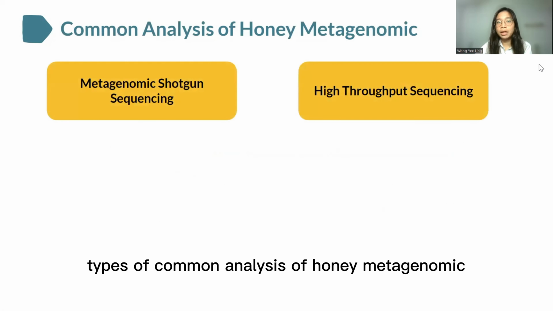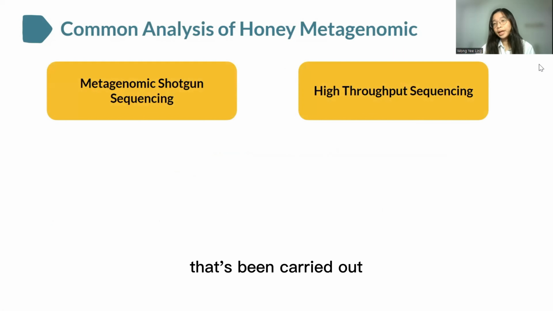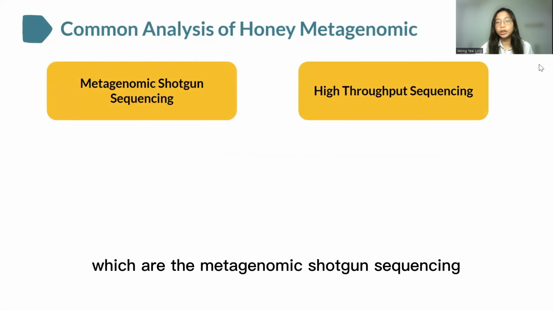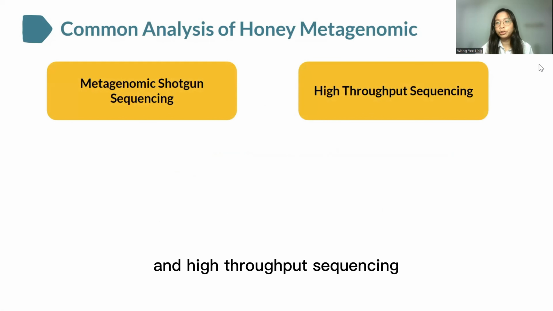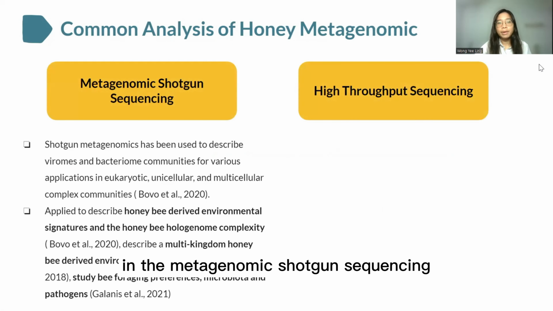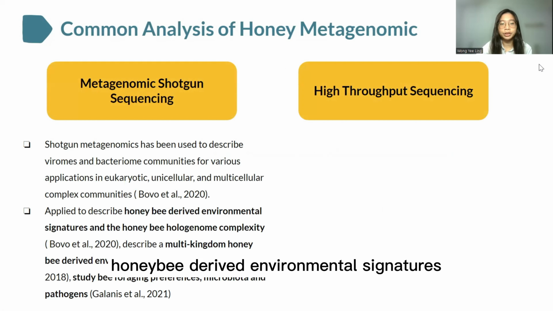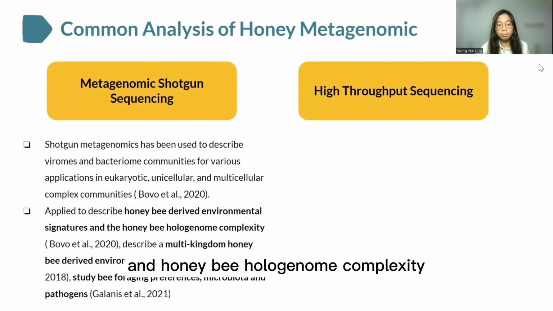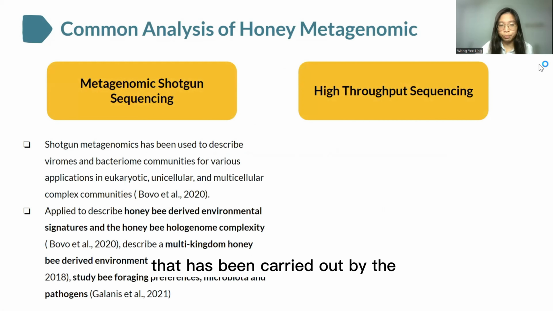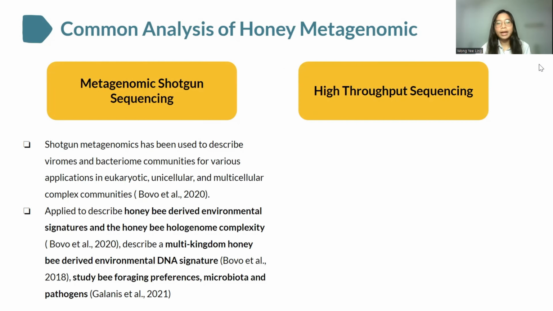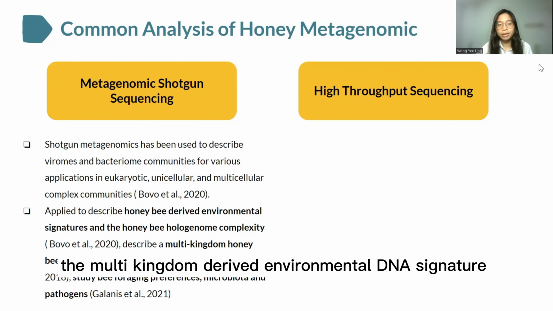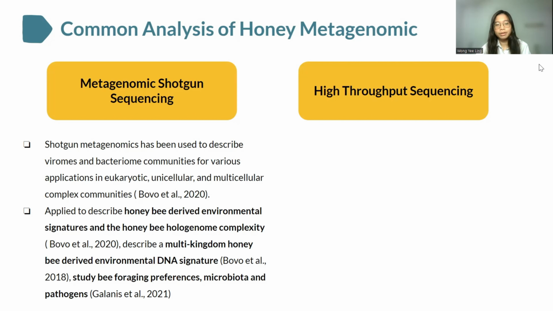There are two common types of honey metagenomics analysis that have been carried out: metagenomic shotgun sequencing and high throughput sequencing. In metagenomic shotgun sequencing, the applications include honeybee-derived environmental signatures and honeybee hologenome complexity, carried out by the researcher named Bowo, and a multi-kingdom honeybee-derived environmental DNA signature from Bowo as well.